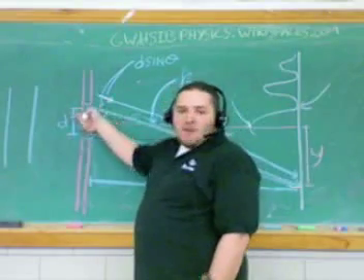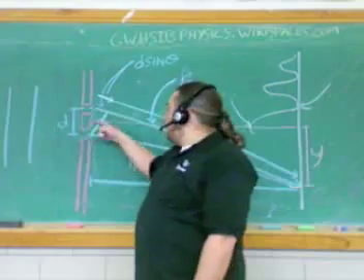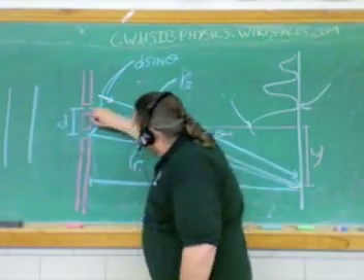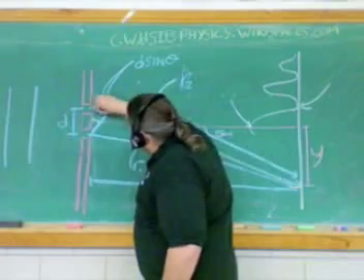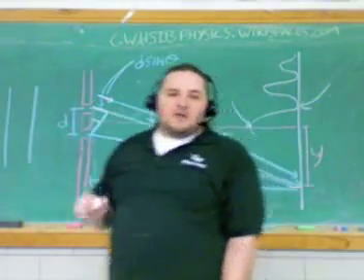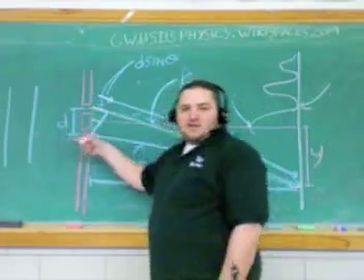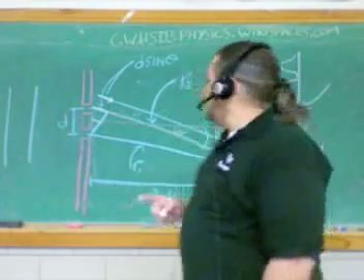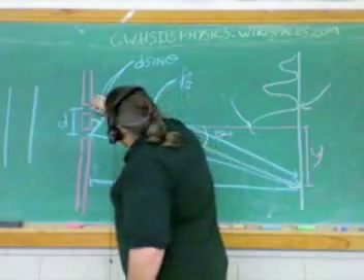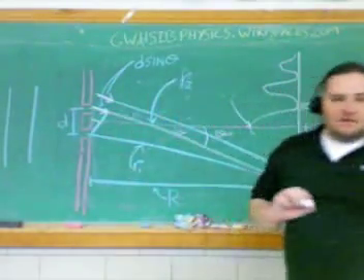This gap in between here, between the two slits, is a distance d. And that creates an angle here, theta, so that there's a small section here that's going to be equal to d, the distance in between the slits, times the sine of that angle. Okay, so d sine theta. So this small section right here turns out to be d sine theta.